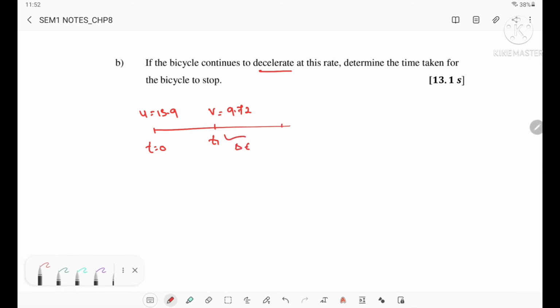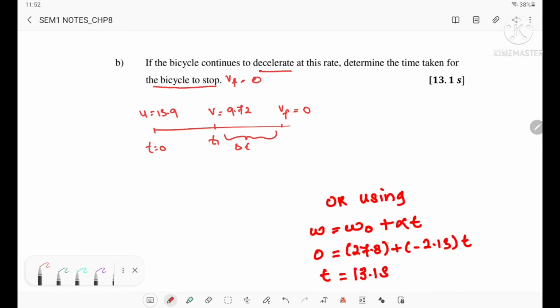The extra time needed from the final velocity 9.72 to final velocity equal to 0, because taken for the bicycle to stop means that the final velocity is equal to 0.